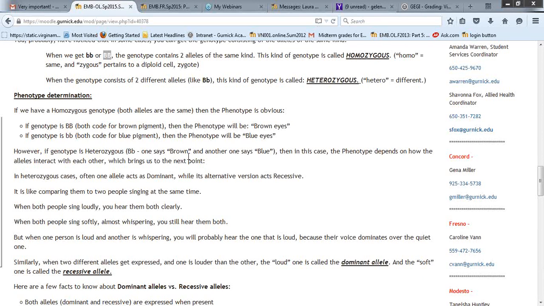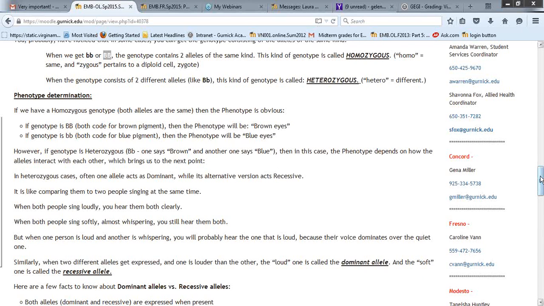Okay, so for example, if you have big B, little b, the brown versus blue, well, blue is a much lighter color than the brown. So brown seems to be louder than the blue. So the brown kind of dominates over the blue.